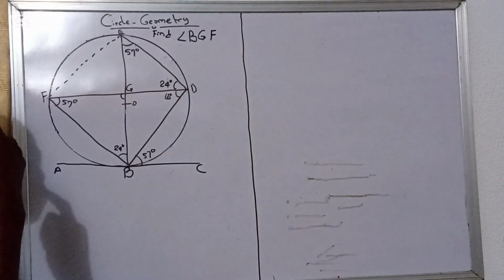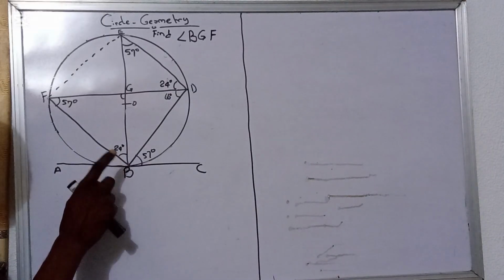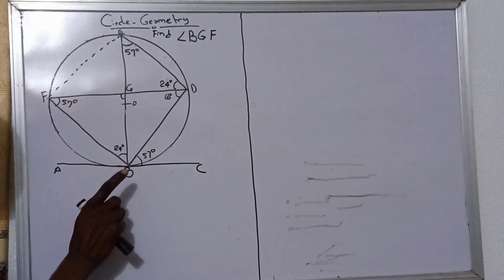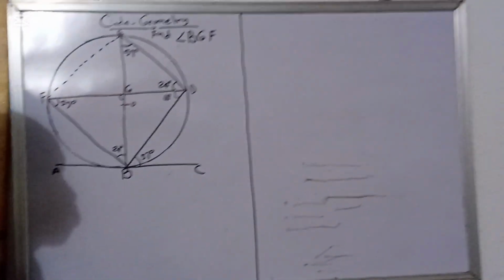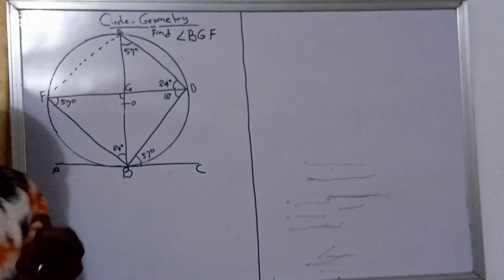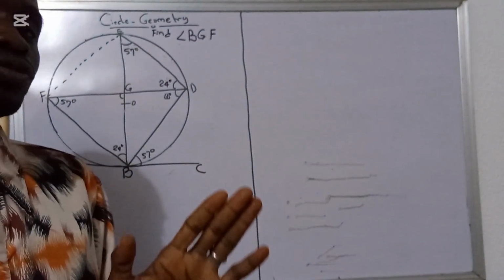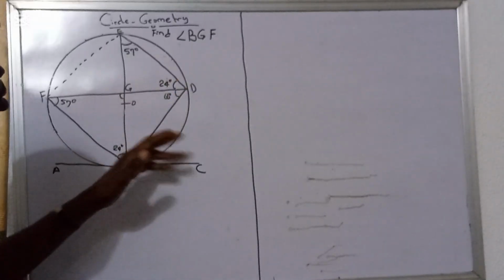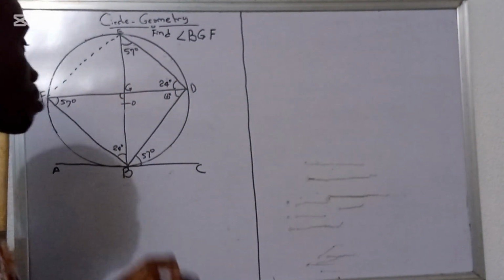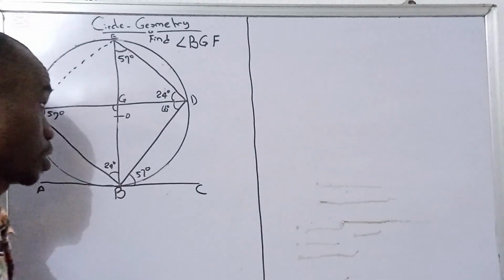Look at angle D. Angle D has its legs on E and F. And looking at angle B, angle B also has its legs at E and F. That means angle B and angle D, since both have the same base or the same boundary angles, E and F, are angles in the same segment. This theorem is a simple and concise way to know which theorem goes for which angles, as I told you in the last video about angle in the same segment and angle in the alternate segment.